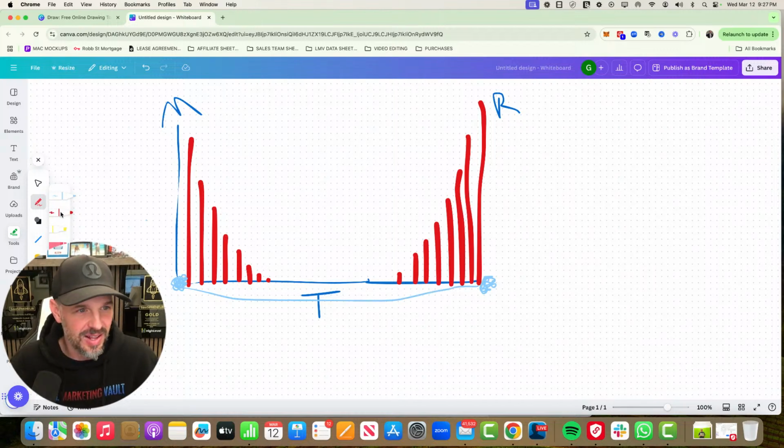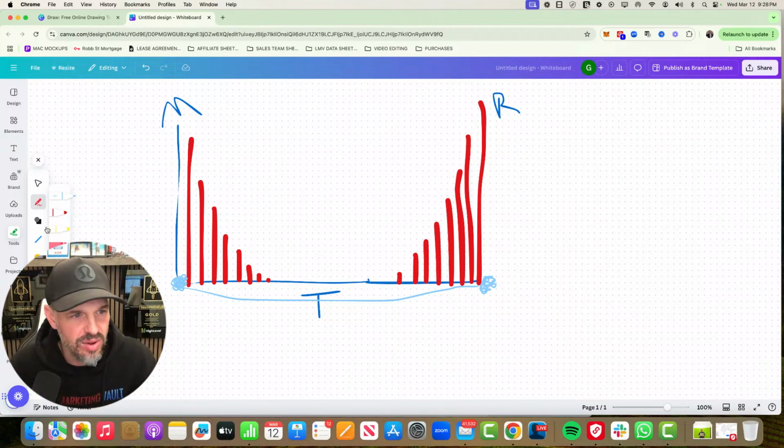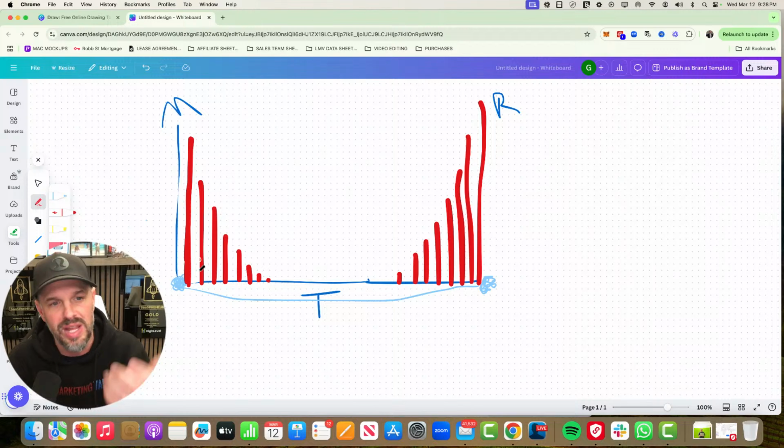And essentially, these bars represent actions that you take and the memory that you have of those actions. So let's say today I put a ton of actions in. This is time, and this is your memory, how much you remember of what you did in a day.